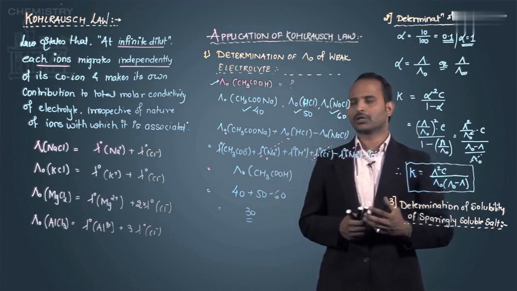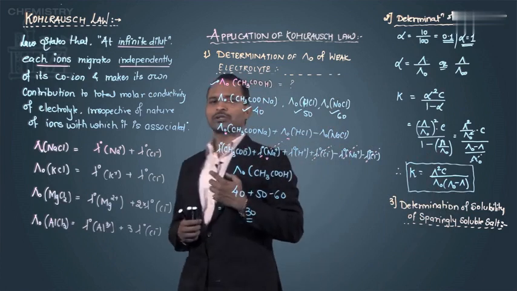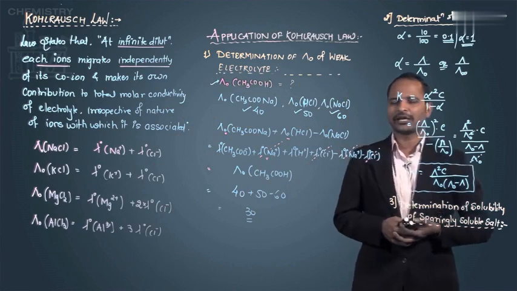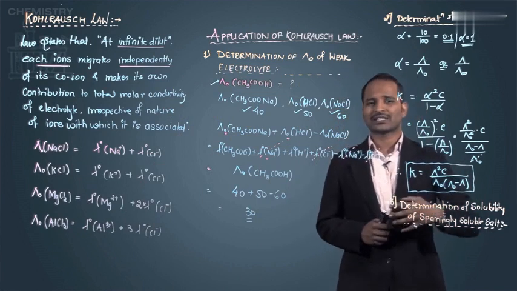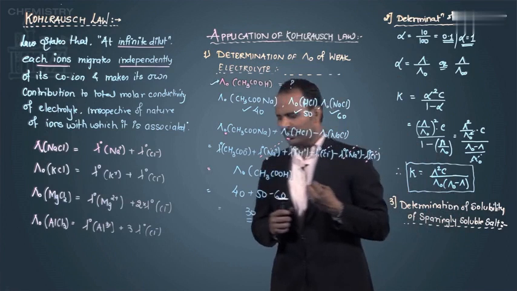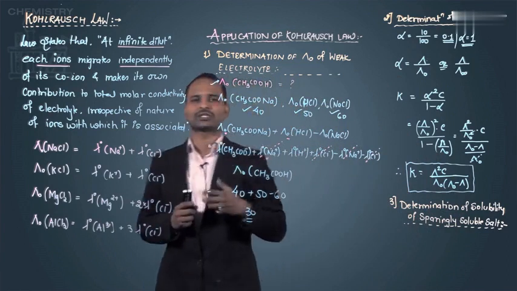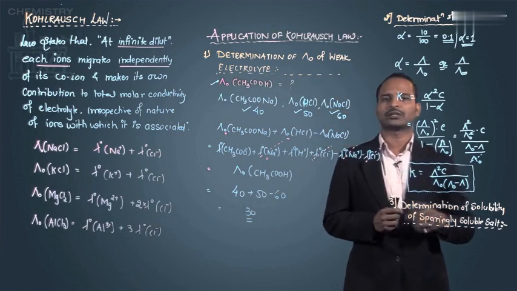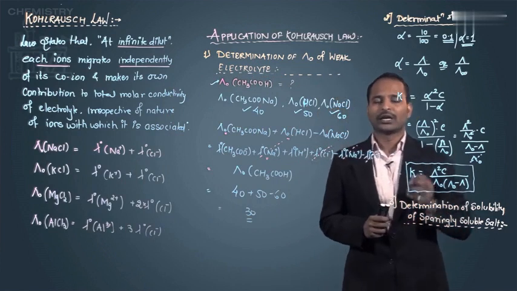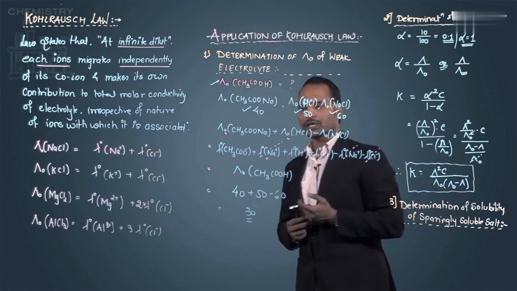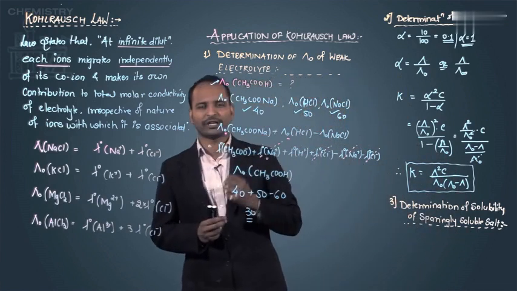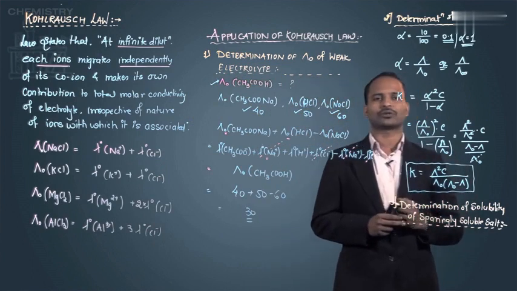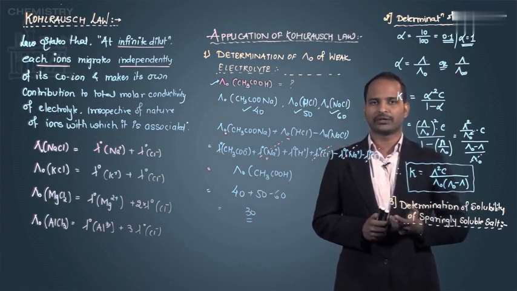Now what is a sparingly soluble salt? Sparingly soluble salts are those salts which are slightly soluble in water, like AgCl and barium sulfate. Only a very small fraction of AgCl gets dissolved into the water, while the rest remains undissolved. And since very few molecules are getting dissolved, only very few molecules are getting dissociated into ions. So sparingly soluble salts are those salts which are slightly soluble in water.